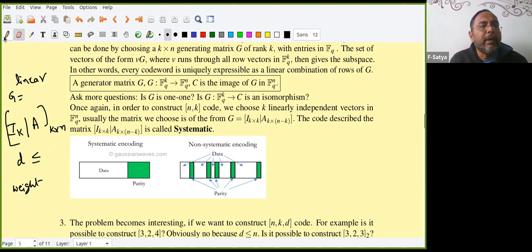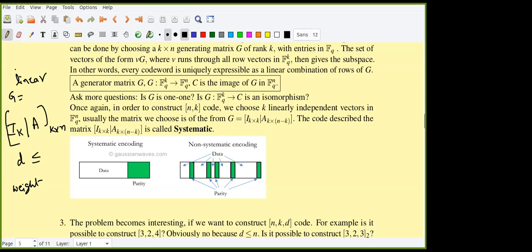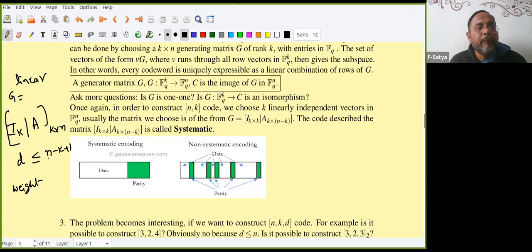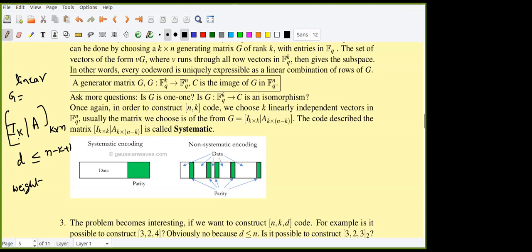But how do you prove it? Because the first block is identity, all the first components are going to be the same. So they will not contribute to the distance. Because if we just focus on the first k components, then we know the distance is 1 there.